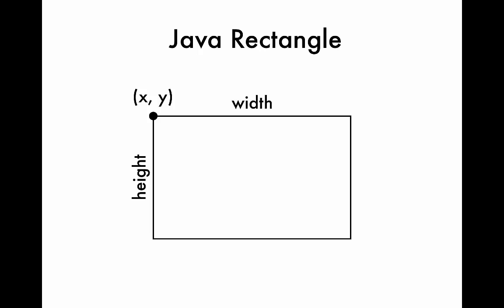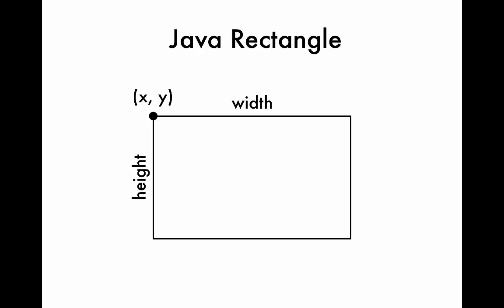Conceptually, a Java rectangle is a graphical component that is defined by a point and two dimensions, a width and a height. By convention, the point we use is the top left corner of the rectangle. So X is the location of the rectangle's top left corner on the x-axis, and Y is the location of the rectangle's top left corner on the y-axis.